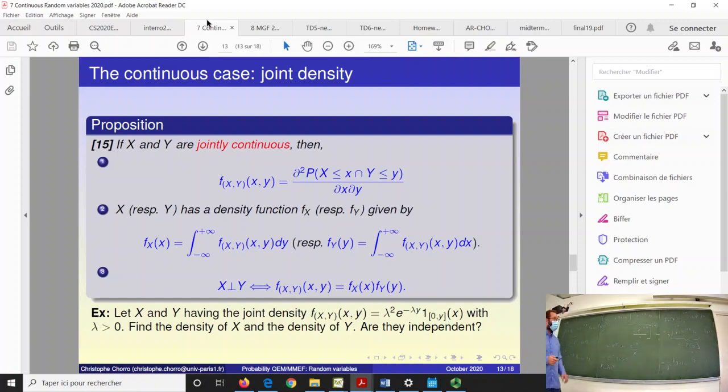So I repeat, of course, if you want to compute the integral here, you don't need to do what I have done. You can do computations. In order to compute the integral of this term with respect to x, I can do integration by parts, but in fact, integration by parts is what I have done when I computed the expectation of an exponential of parameter lambda.